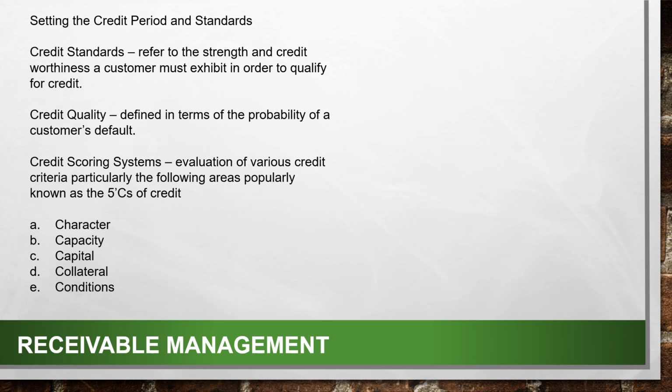So second, we have the capacity. Capacity is very important because this is the ability to pay. So of course, if the customer lacks capacity to pay, you should not extend credit, or extend credit only up to the extent of his or her capacity.